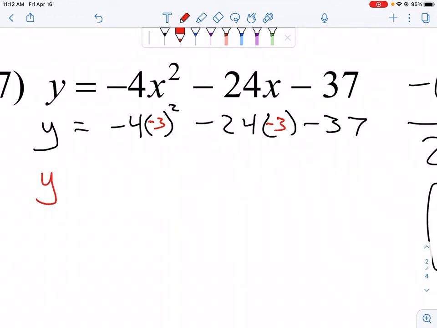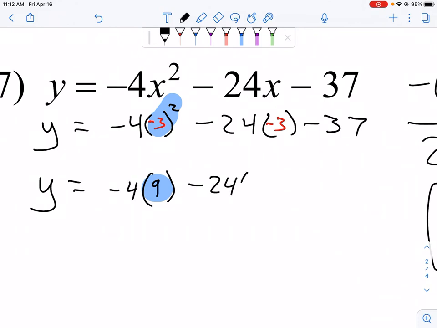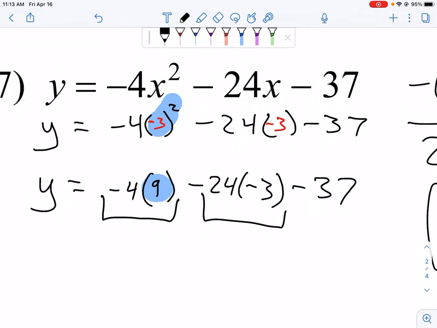So my first operation that I have to take care of here is I have to square, I have to do negative 3 to the second power, which down here would make a positive 9. I'm going to rewrite everything else. And so even though these numbers look huge, we're going to just continue working this out. So check this out. We're multiplying this, and we're multiplying this. So this is going to make negative 36.